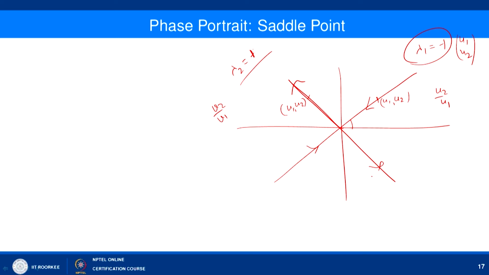So now these are the 4 rectilinear paths, and for a non-rectilinear path, if you take any solution, it will tend towards the origin along this line, and as it gets near the origin, it will move away from the origin along the other line here. So your phase portrait will be like this.